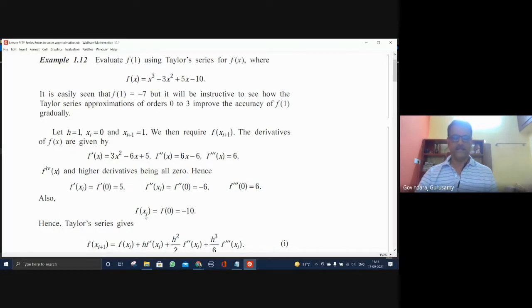Then also f of x of i, which is equal to f of 0, is equal to minus 10. These are the things that we have found.